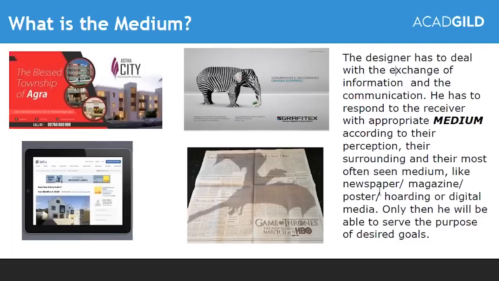If you don't know whether this is a newspaper, a magazine or a poster, because newspaper, magazine and poster each have different paper. If you know the medium, then we can easily think about how the design will look when printed.